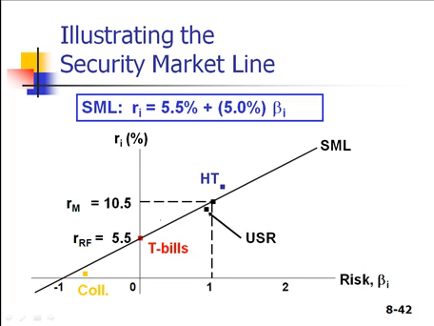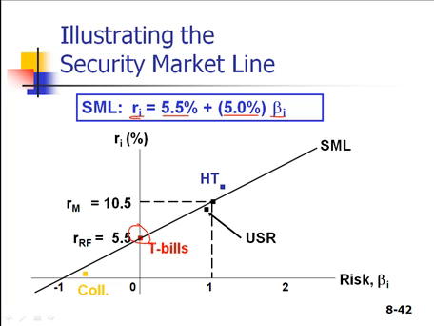Graphically, I could actually plot the security market line if I wanted to. Notice here, again, this is the equation. It's the risk-free rate plus the market risk premium times the beta of the individual stock. That gives us the required return. In this case, we know the risk-free rate, we know the market risk premium, and the risk-free rate is the intercept, which is right here, and then the market risk premium, 5%, is the slope.